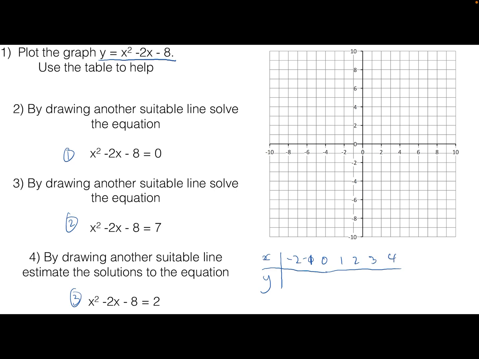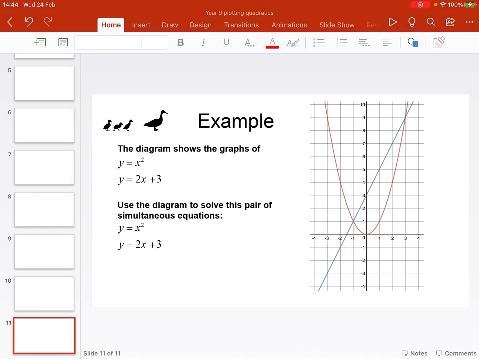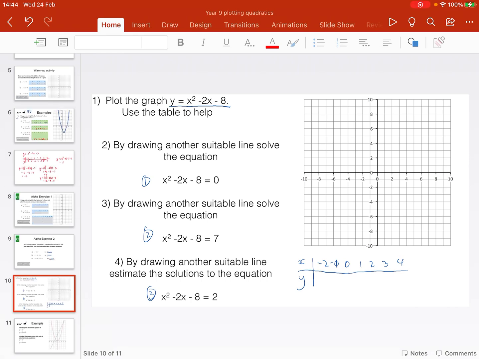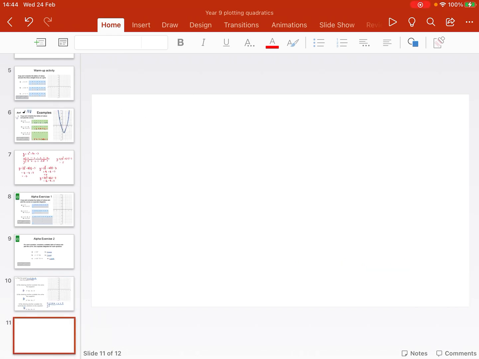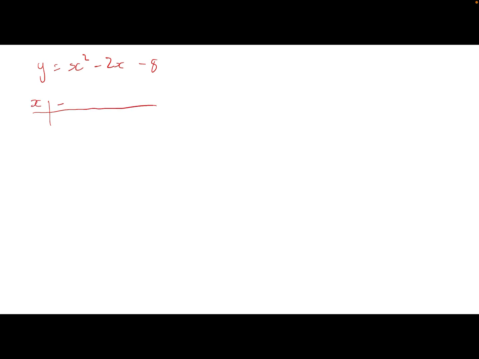They are the x values I'm going to pick. So it's y equals x squared minus 2x minus 8. And here's my table. x equals minus 2, minus 1, 0, 1, 2, 3, 4.